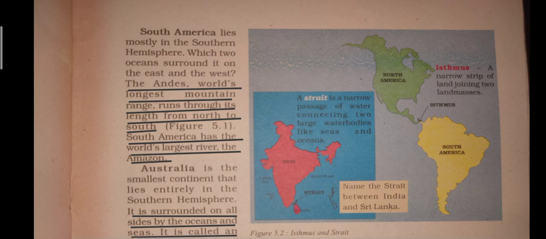So children, South America mostly lies in the southern hemisphere. Means only a little bit area lies in the northern hemisphere, but mostly South America lies in the southern hemisphere. And the two oceans which surround South America on the east and west are, on west it is surrounded by Pacific Ocean and on east it is surrounded by Atlantic Ocean.